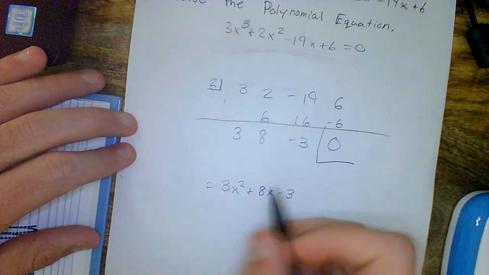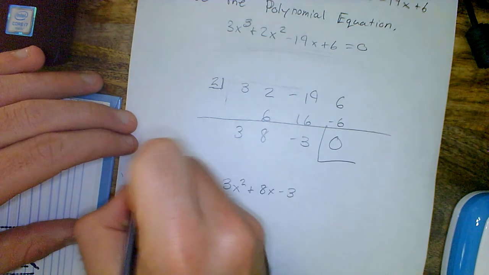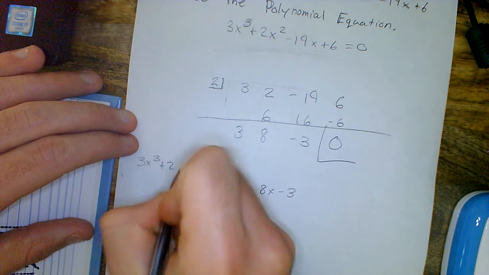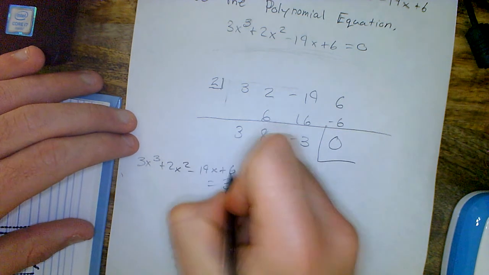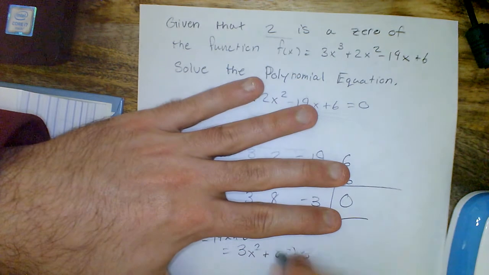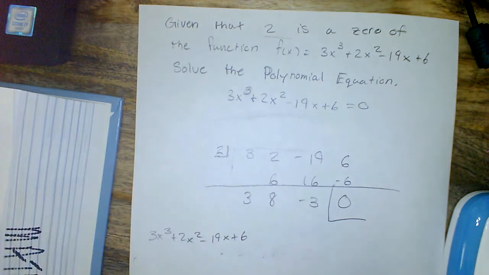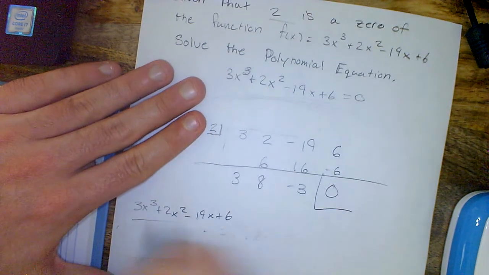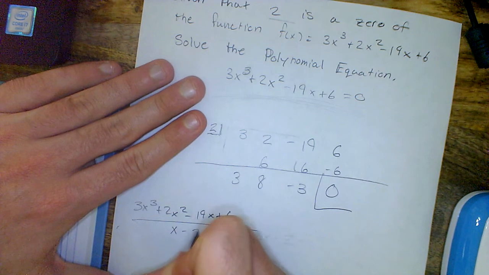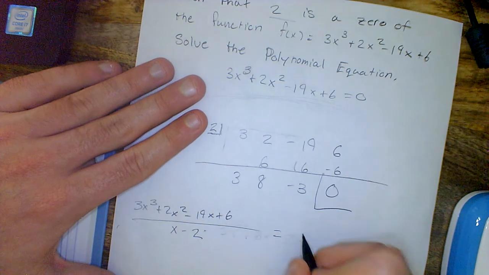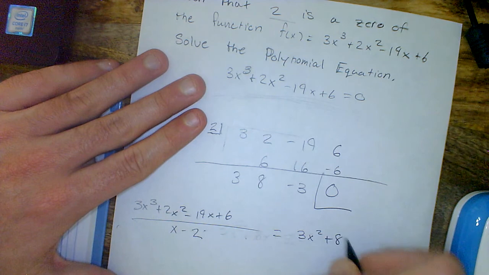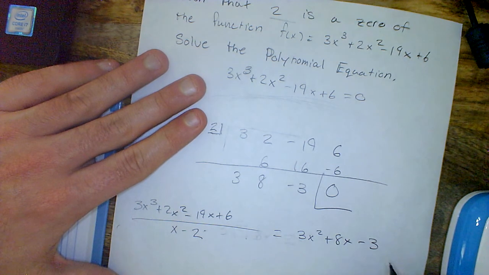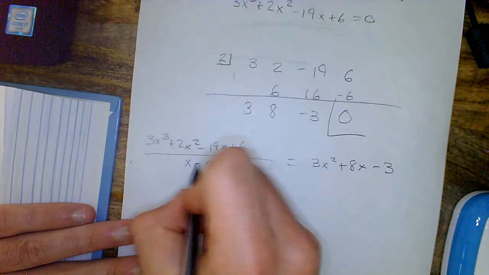So that means, remember, plus the remainder, but the remainder is 0. So it's saying 3x cubed plus 2x squared minus 19x plus 6, divided by x minus 2, is equal to 3x squared plus 8x minus 3.